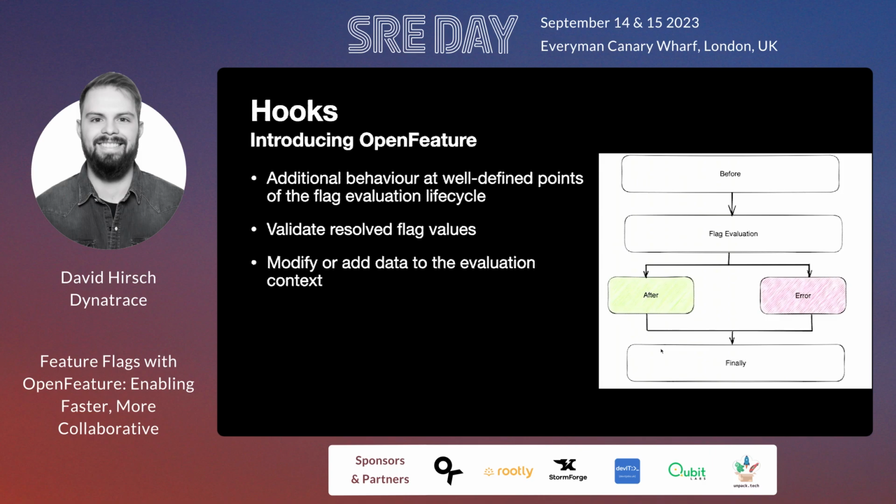You will get error messages, and also information that could be useful for telemetry. These two only happen in the case in which something succeeds or it doesn't. Finally, the last part runs no matter what happens. This simply means the evaluation was executed. You don't know if it was successful or not, but this is the point in which you can get additional information.